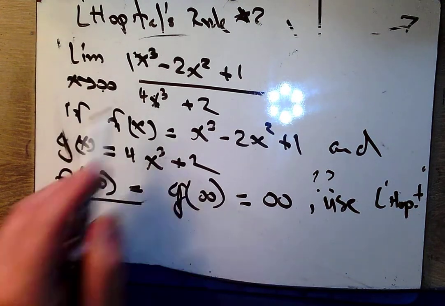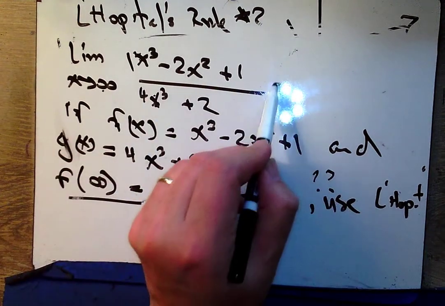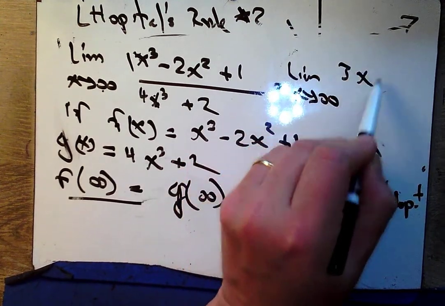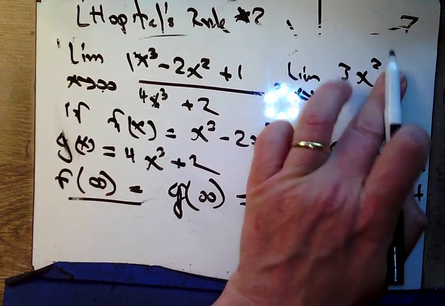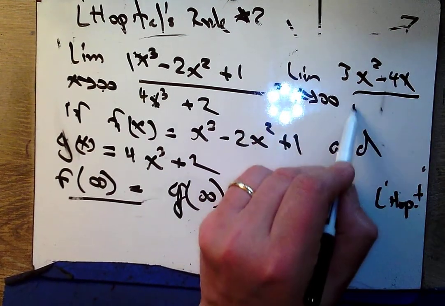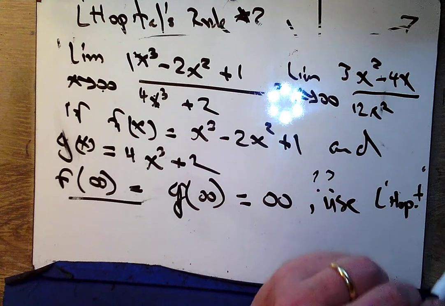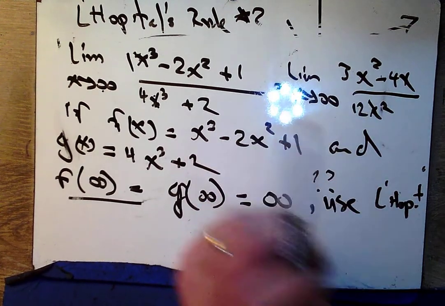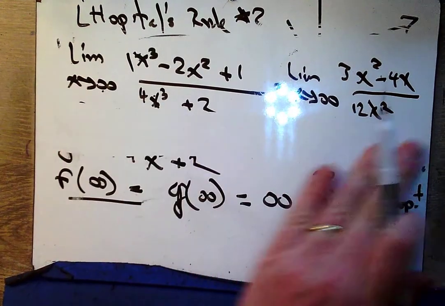Okay, so my derivative here would be the limit as x heads to infinity, 3x squared minus 4x over 12x squared. Okay. Still, when I put infinities in, I get infinity over infinity.